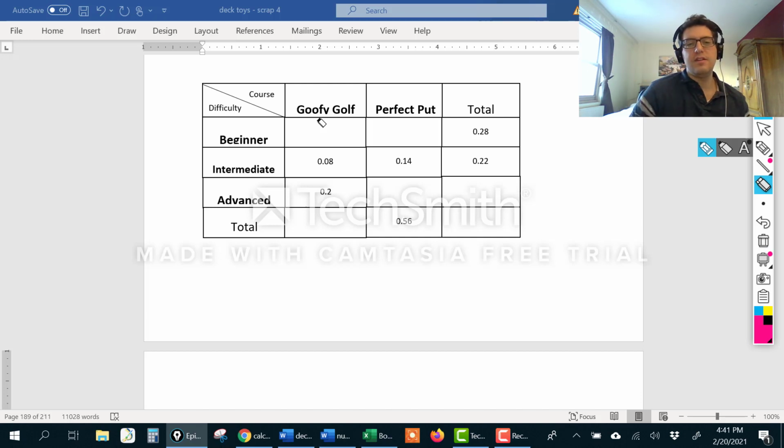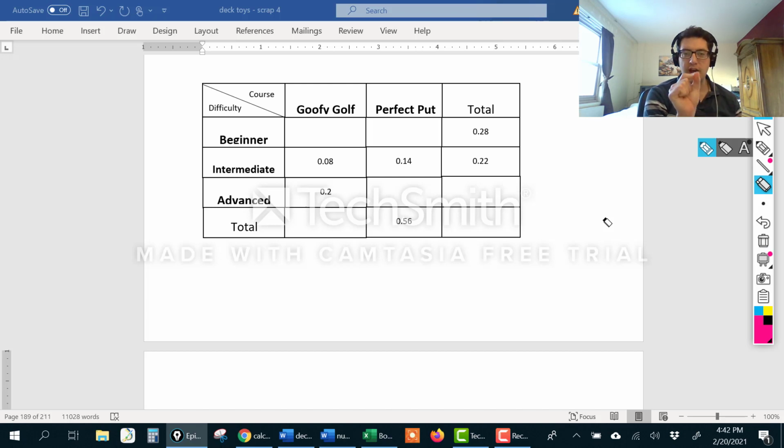Back to here, there doesn't seem to be enough information for us to complete this table, because every time we try to figure out what goes in a blank spot, there's another blank spot in the same column or the same row. But actually, there is enough information for us to figure this out.